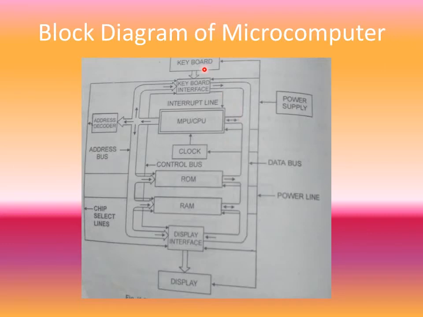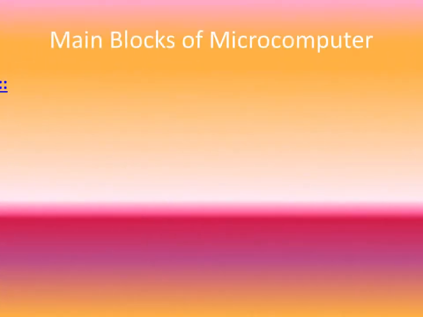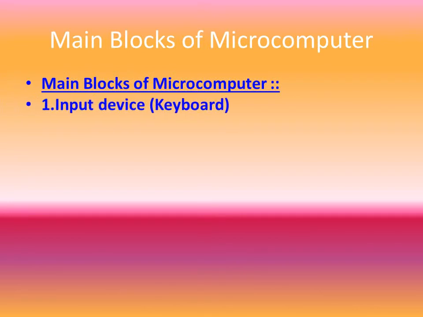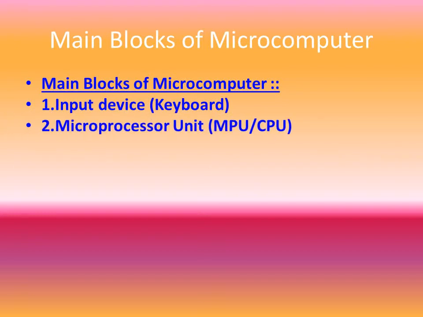Now we will see how each part works. First we will see the main blocks. First is your input device. You are providing input to the computer through keyboard. Next part is your MPU or you can call it as a CPU. Both are same.